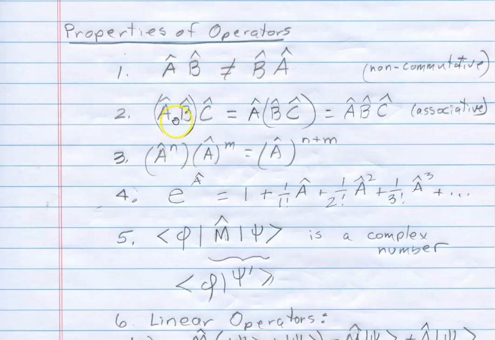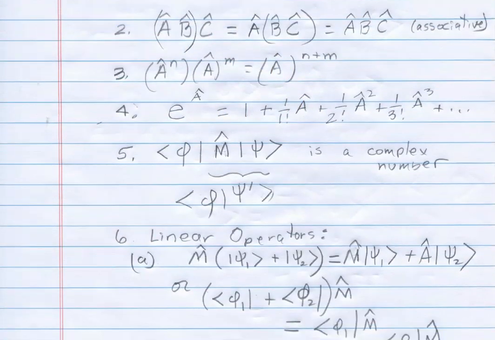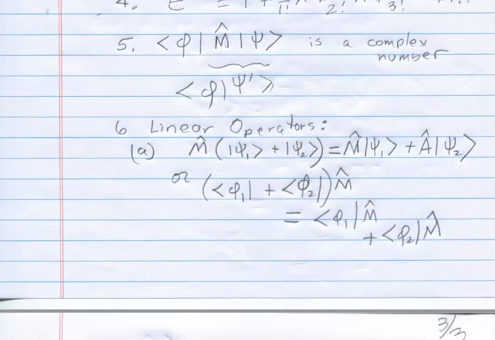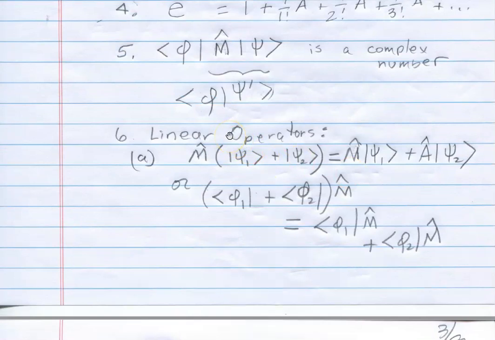But I can associate them. I can form powers of matrices. I can even form functions of square matrices. So I could pretty much say the same thing for all of these for matrices. So we're led to this matrix idea of these operators in the Bra-Ket notation.